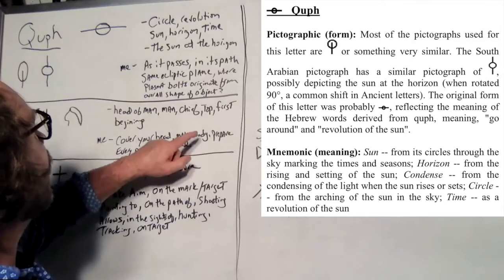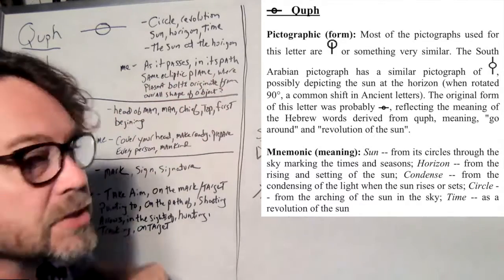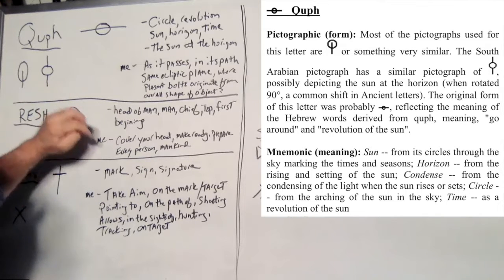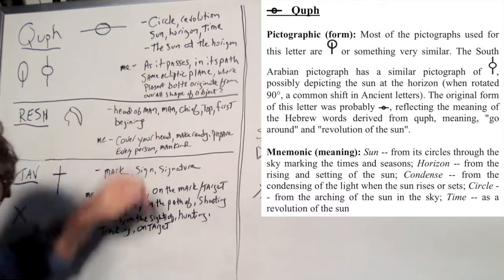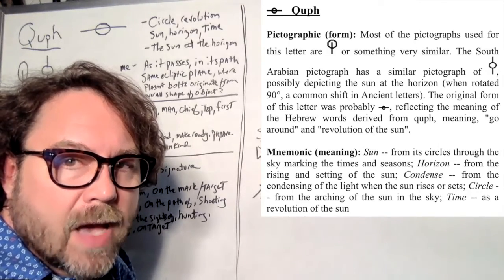Okay, this one over here, where the plasma bolts originate from, I associated that one with this right here because it's got like a downward motion here. And this one right here, over the overall shape of the object.